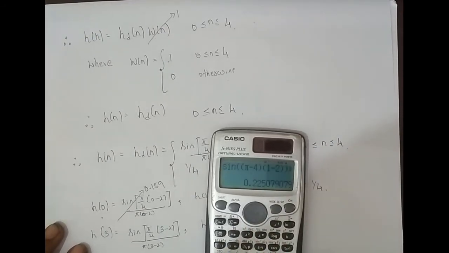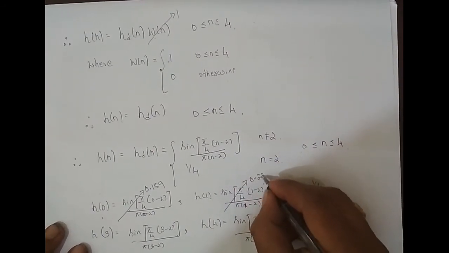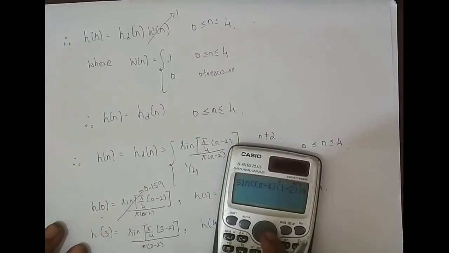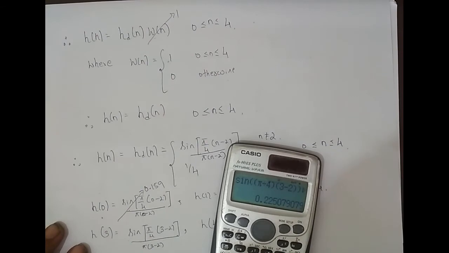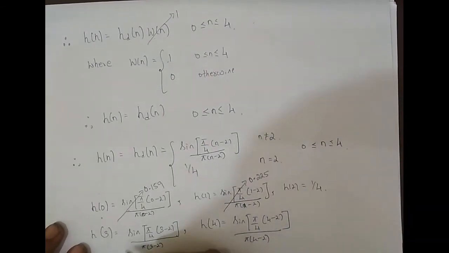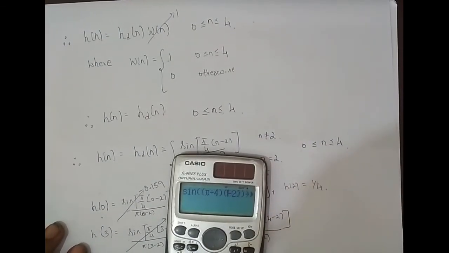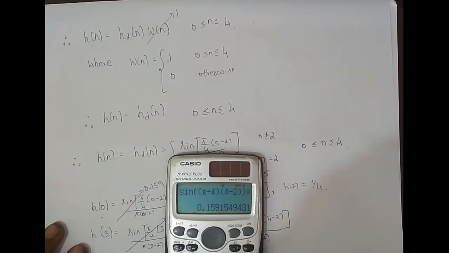So for n equal to 1, it is 0.225. n equal to 2 is 1 by 4. For n equal to 3, let me replace this by 3. So I end up with 0.225, and for n equal to 4, I end up with 0.159.